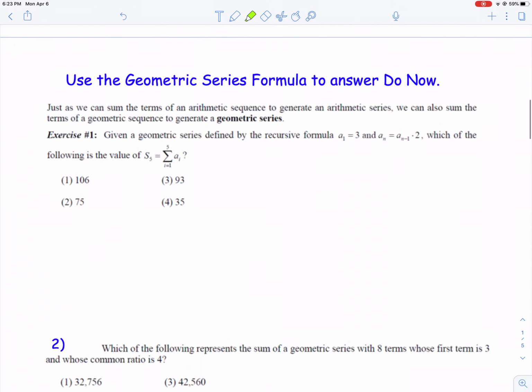Okay, so they're actually going to ask you to, and I'm going to show you how you're going to do this in the calculator, take that do now question and use your formula to solve it. So again, I am going to write your formula down. I'm going to use S of n equals a sub 1 minus a sub 1 times r to the n over 1 minus r.